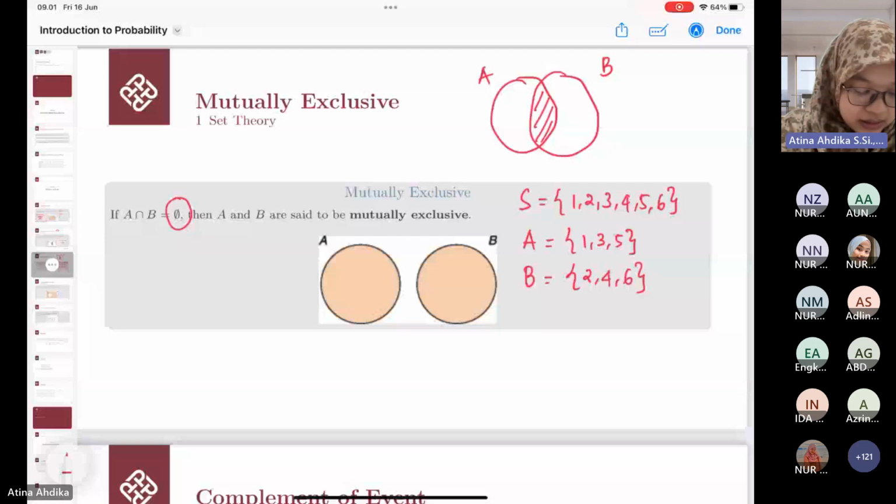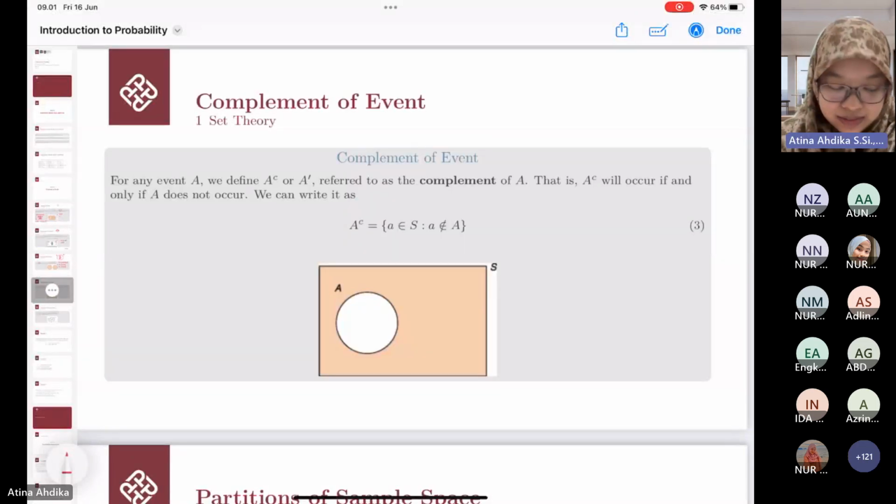Okay, and then the next property is the complement of an event. The complement of an event is the set of outcomes that are not in the event.